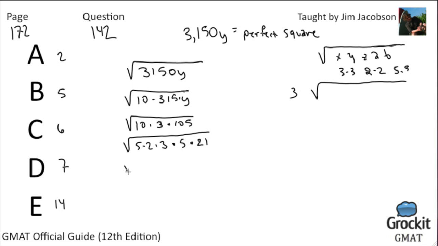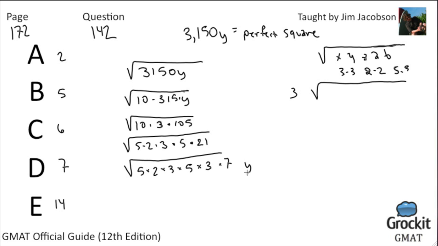And then that's the last one that we have to get the prime factors out of. 5 times 2 times 3 times 5. And 21 is, of course, 3 times 7.